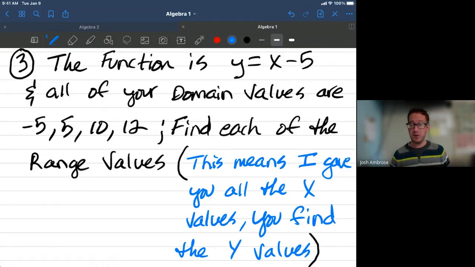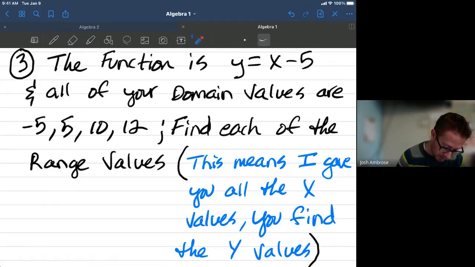So what are we doing? We are plugging every domain value, x value, into the equation one at a time. Okay, now how many x values do you see here? There's 1, 2, 3, 4 x values, which means we're going to have 4 y values for our answer. Okay, so simply enough, let's plug it in.